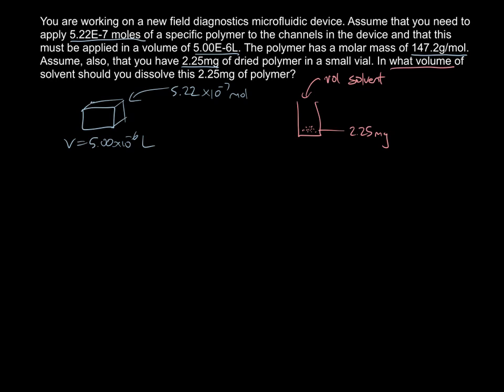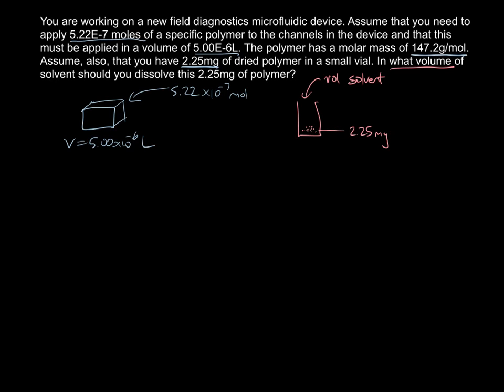Just by looking at this, you'll probably notice that the moles and volume are specified for the device. So this is a given ratio, and in other words it would be called concentration: moles per volume, moles per liter. If we're to apply the right amount of moles in the volume of the device, we need to create that same concentration in our vial.